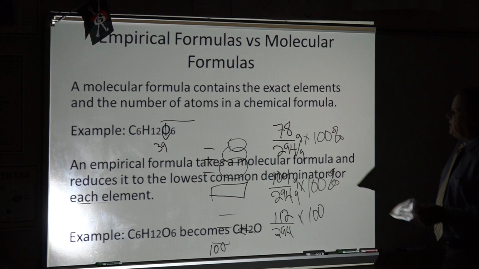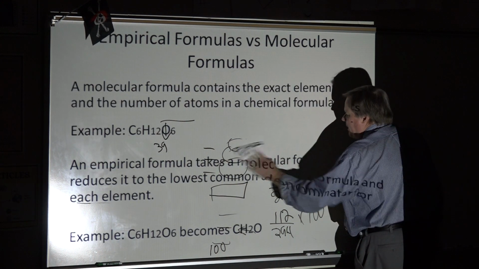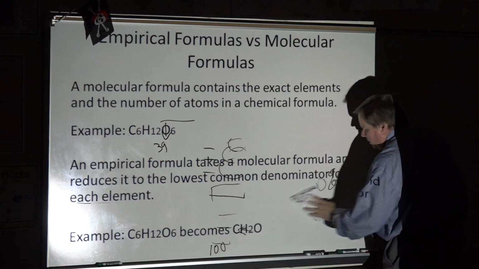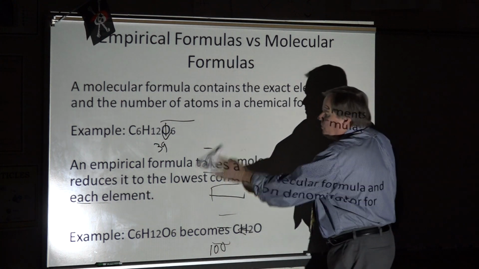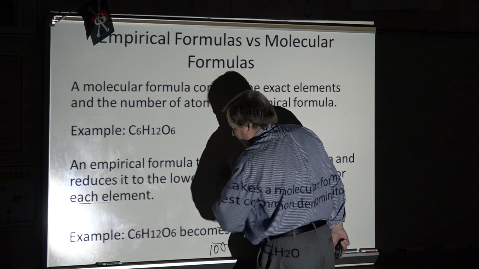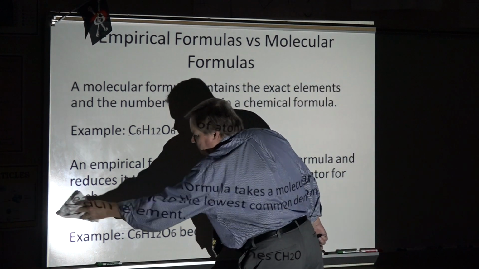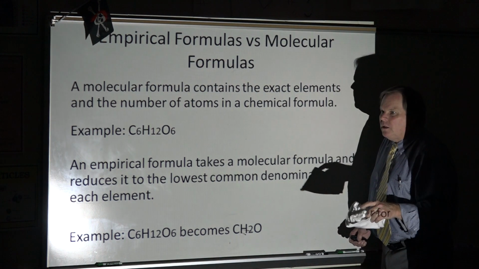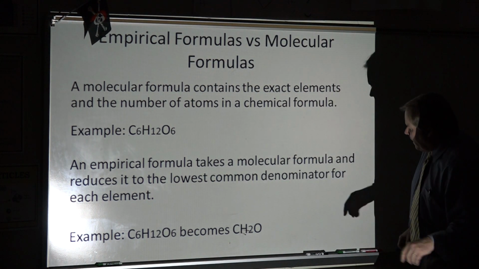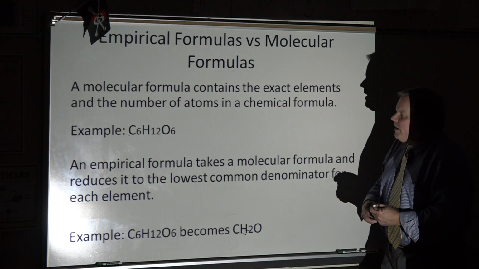Then finally, something called an empirical formula. Tomorrow we'll do a worksheet on this. Empirical formulas. Here we have glucose.